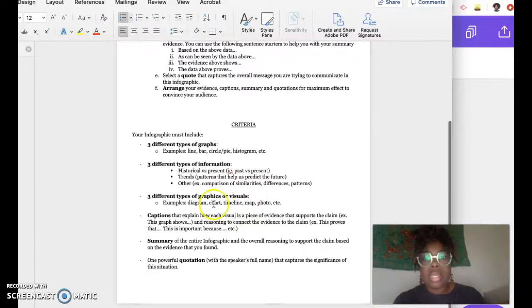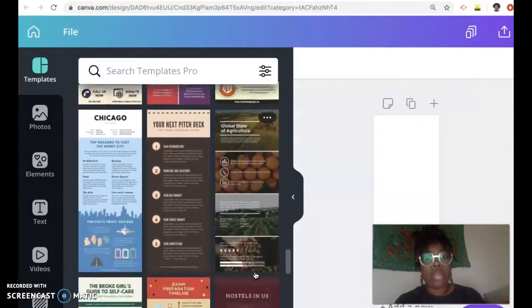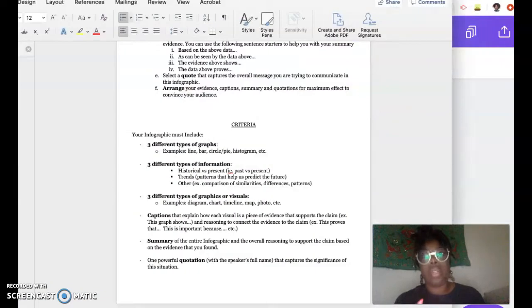And then somewhere, maybe on the bottom or so, you should have just a summary of all of your information. So summarize your entire infographic and the overall reasoning to support the claim based on the evidence that you found. And then lastly, one powerful quotation with the speaker's full name that captures the significance of the situation.